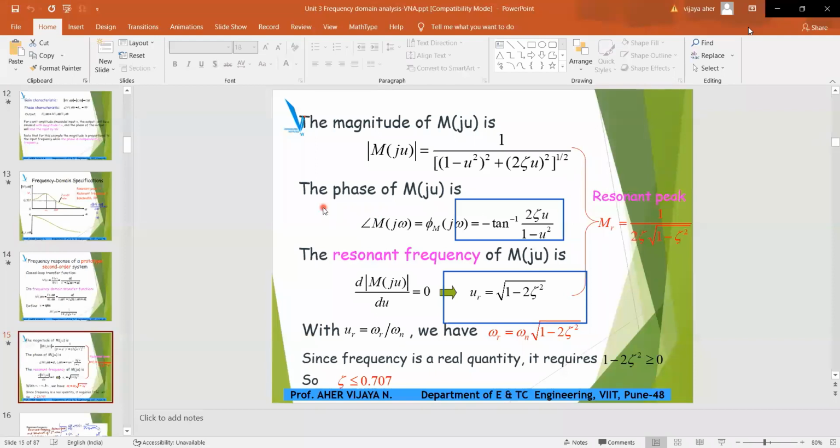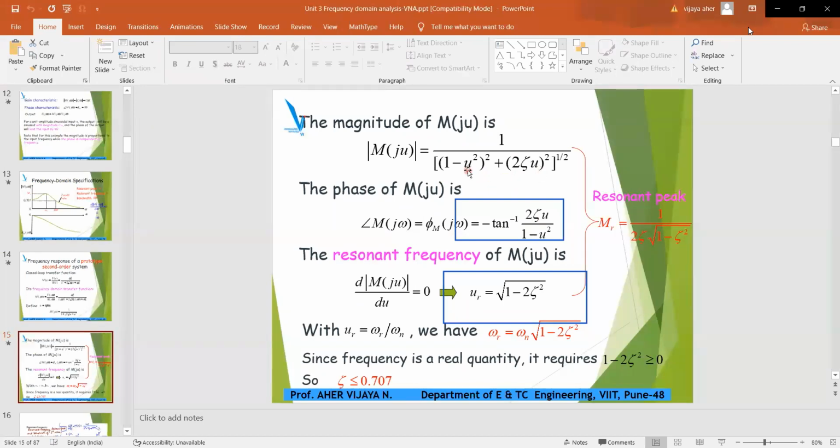Now coming to phase, the next part of the transfer function in frequency domain, that is phase of mju with normalized frequency. So mju is nothing but the angle phi of m j omega, which is given by this equation: minus tan inverse of 2 zeta u divided by 1 minus u square.